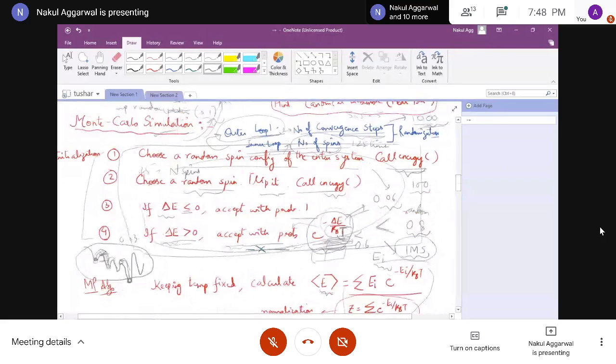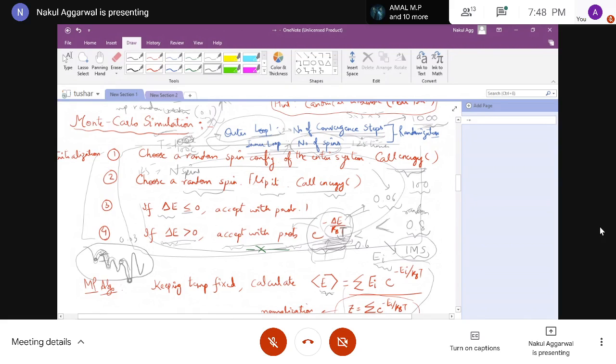For the Metropolis algorithm, what we are doing here is keeping temperature T fixed. Let's say we set it at some high value, let's say 100 degrees Celsius. Technically for nickel it was 627 Kelvin. So let's say we start around 100 degrees Celsius.